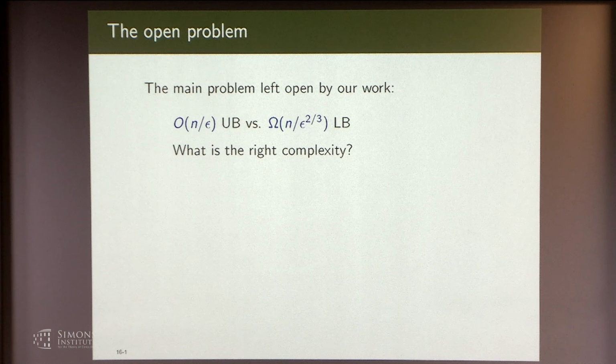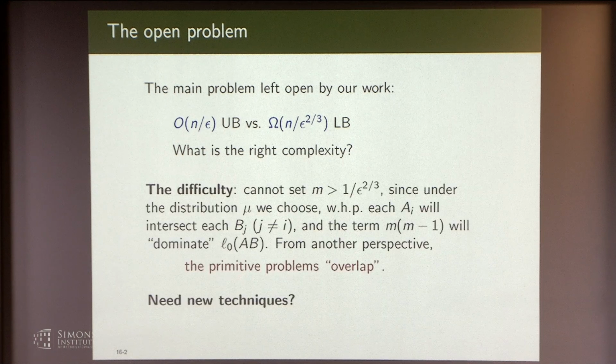We still don't know. We spent a lot of effort trying to improve this upper bound, but so far we haven't succeeded. On the other hand, the lower bound's 2 over 3 looks a bit weird. I've never seen such a power like 2 over 3. So I don't know which one is the case.